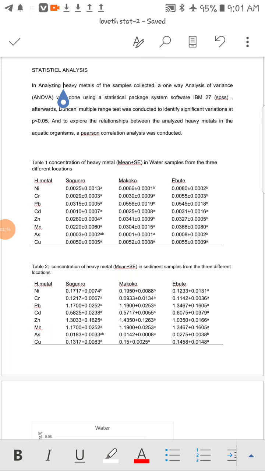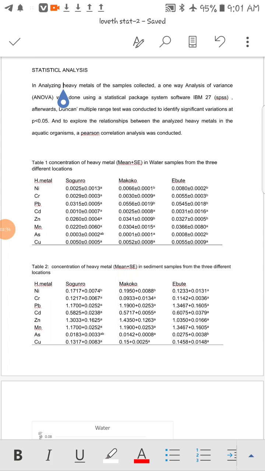Starting from the first table, what you're looking at right here is heavy metals in the water sample, and you have it as the mean and the standard error at each spot. This is how you explain this table.